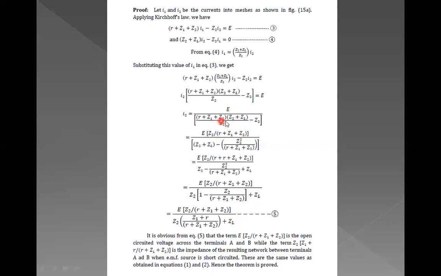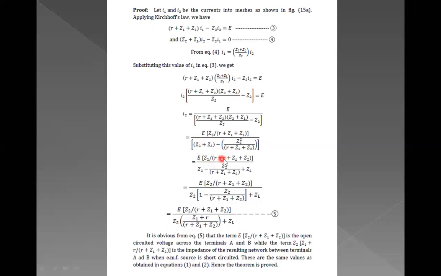So here R plus Z1 plus Z2 can be cancelled. The remaining factor will be Z2 plus Z1 minus, because we have multiplied by Z2, this is Z2 square divided by R plus Z1 plus Z2. Got it?